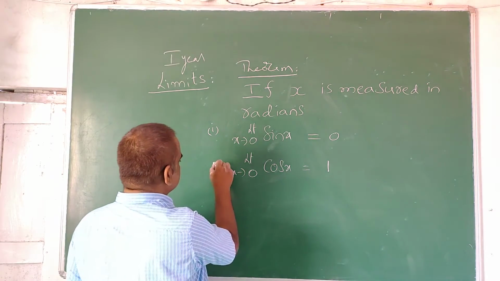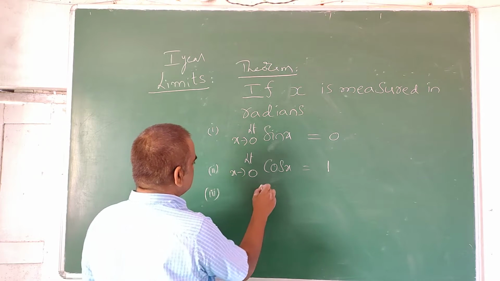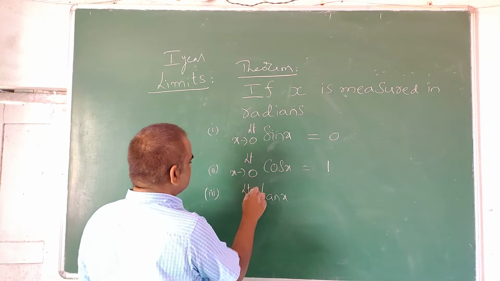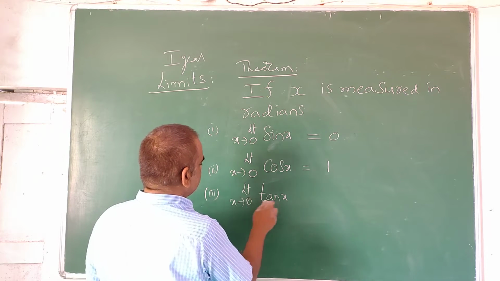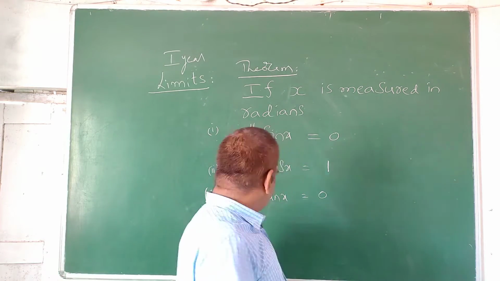Third one, limit x tends to 0 of tan x is 0. Are you following?